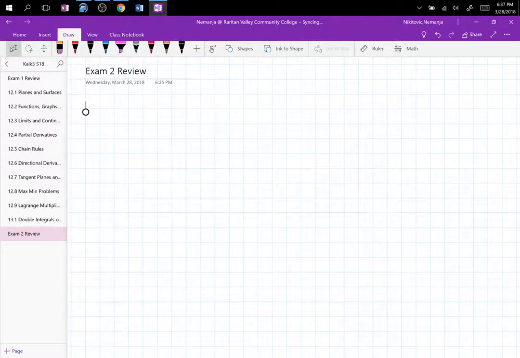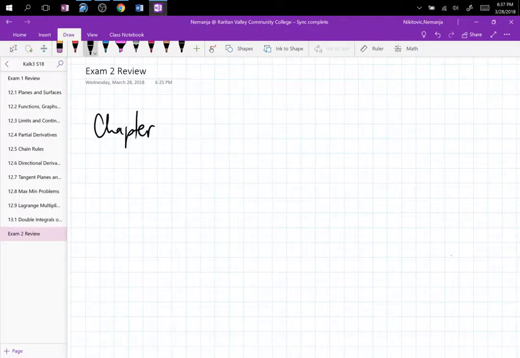We are focusing on chapter 12. But then you can add anything else that you want from chapters 11, 10, chapter 6. Anything? Sequences and series, chapter 8?